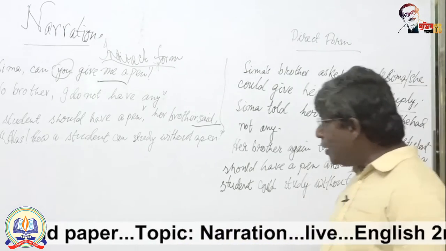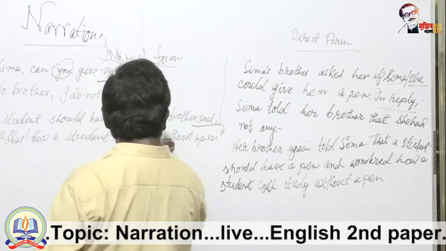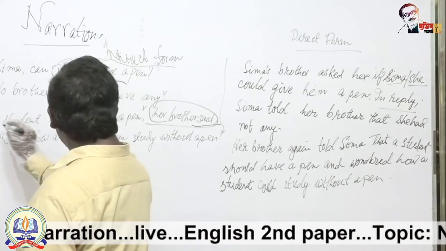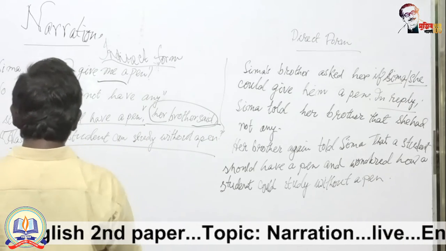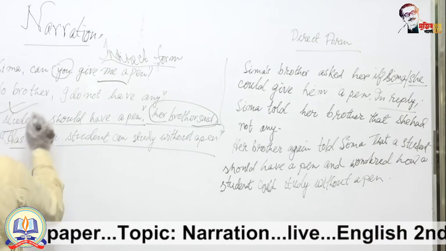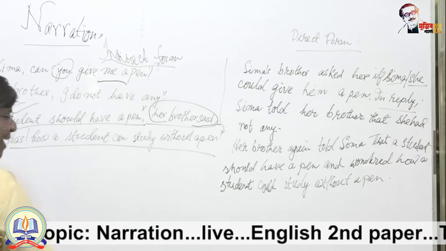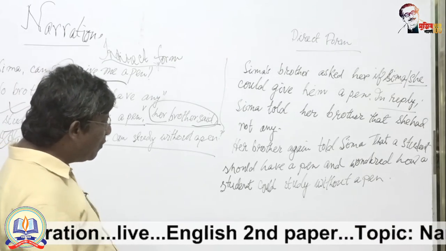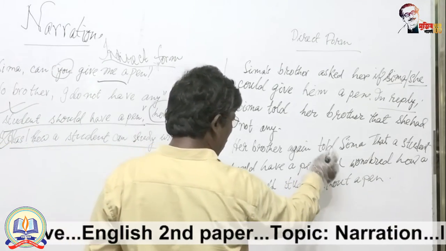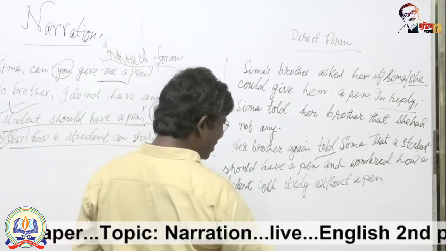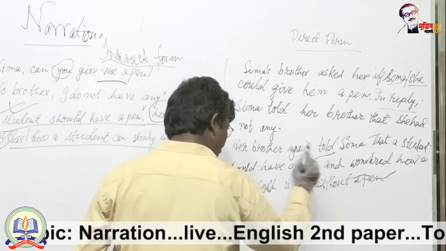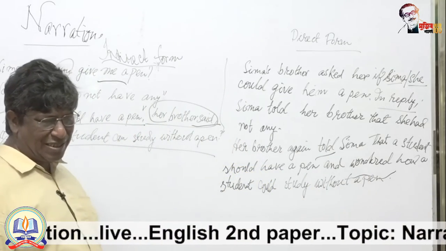Look, in her brother's speech we have two sentences. One is in the assertive form and the other one is in the exclamatory form. Therefore, we have used two different verbs, tell for the assertive sentence and wonder for the exclamatory sentence.